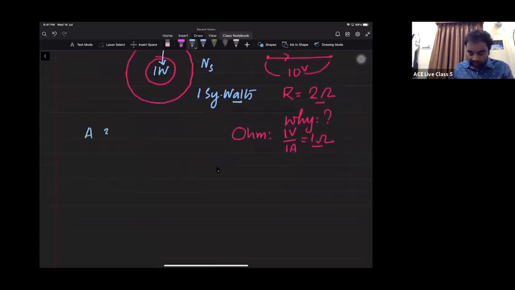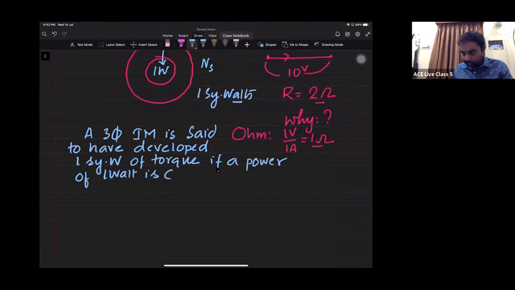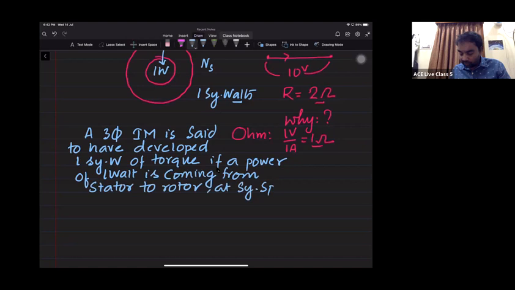A 3-phase induction motor is said to have developed 1 synchronous watt of torque if a power of 1 watt is coming from stator to rotor, nothing but the rotor input, at synchronous speed, right?